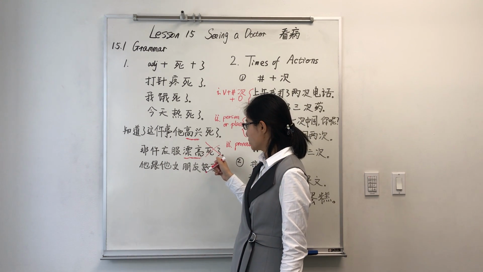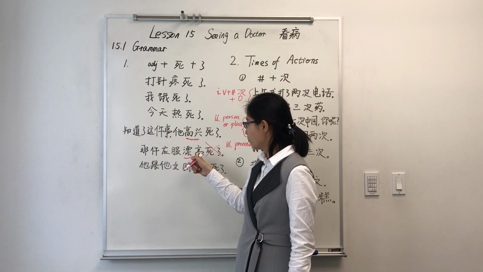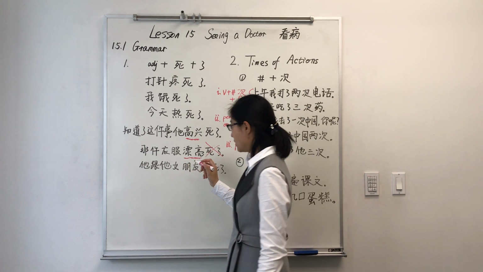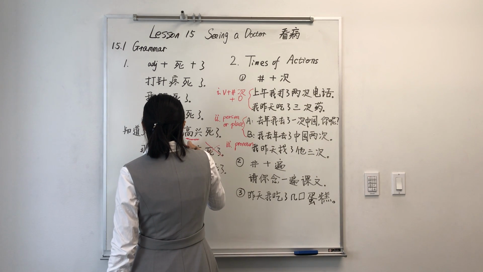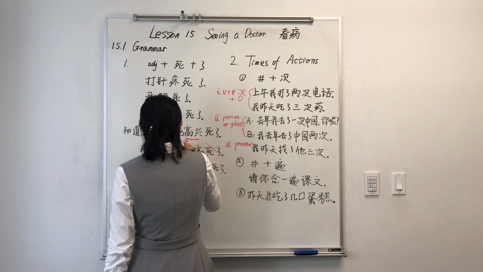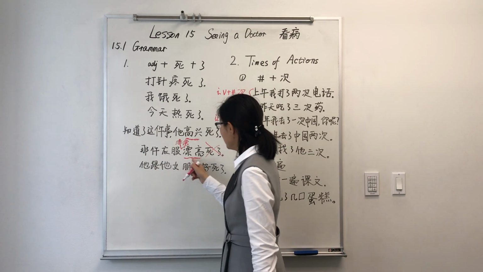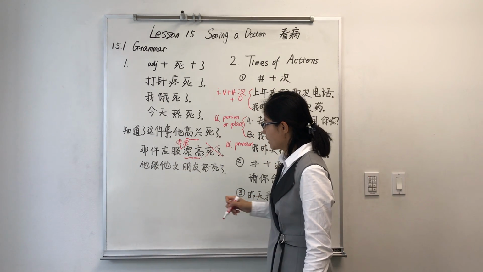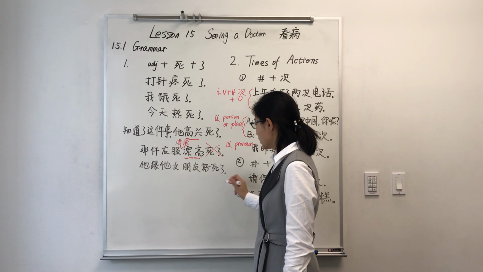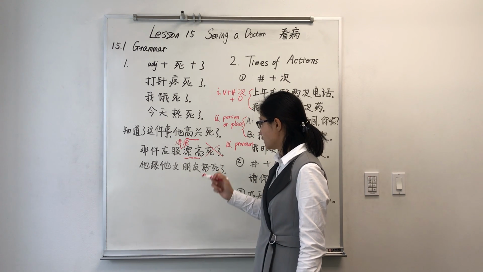So you can use 那件衣服非常漂亮, very, 非常, or just say 很漂亮. 那件衣服非常漂亮.